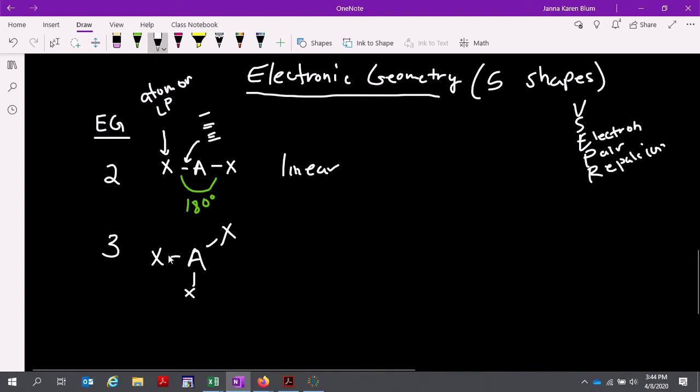So these three things are moving around the central atom. They're tied to that central atom, but they're as far away from each other as they can possibly get. It's going to be 120 degrees, which is the corners. So these X, whether bond or lone pair, are going to be at the corners of an equilateral triangle.